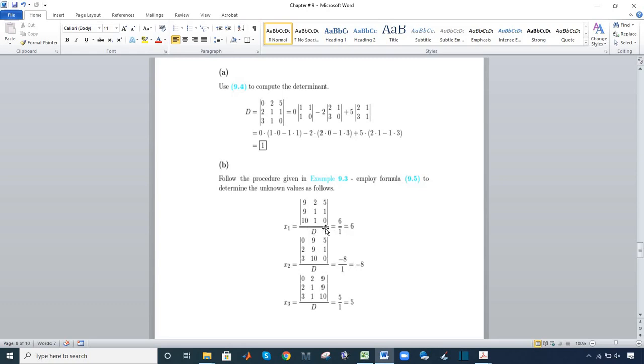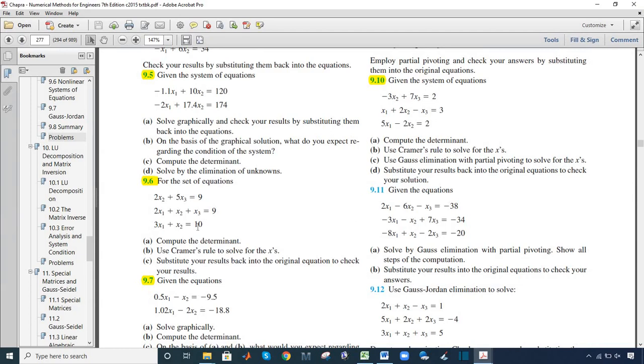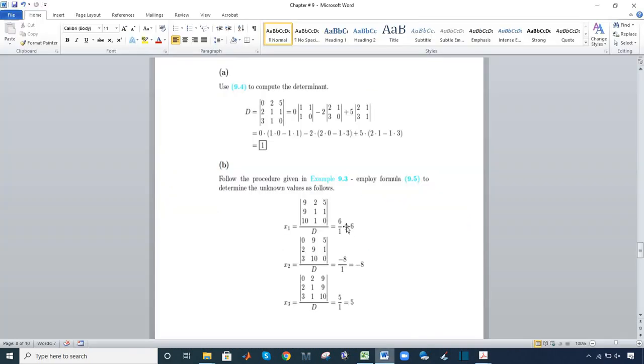You can observe that this is the original matrix. First column is replaced with the coefficients. Coefficients are 9, 9 and 10. Other two columns are same, like this.